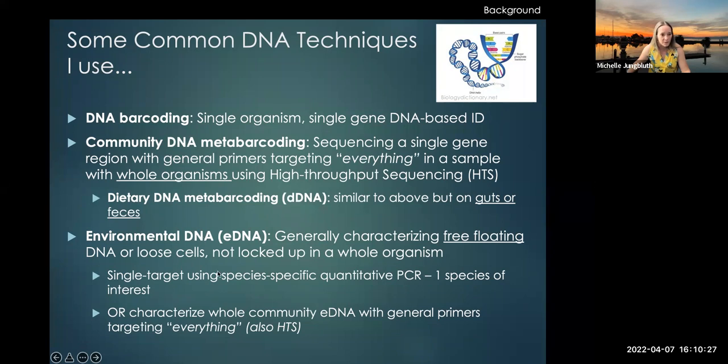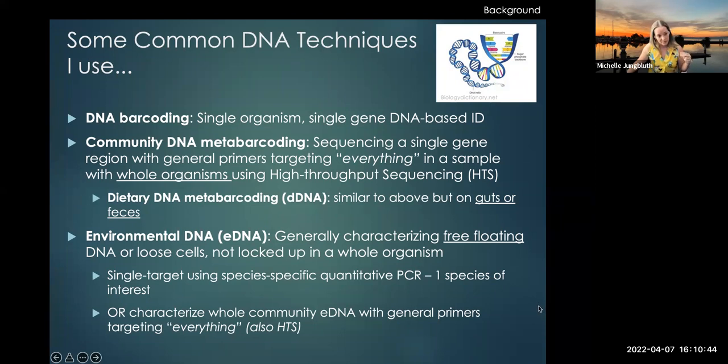Now that can be confused with community DNA metabarcoding, so that's why I'm trying to specify here. Environmental DNA is generally used to characterize free-floating DNA or loose cells that are not locked up in a whole organism. So this is usually one of two things.